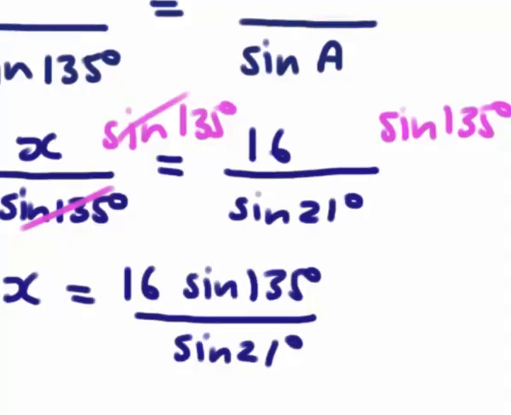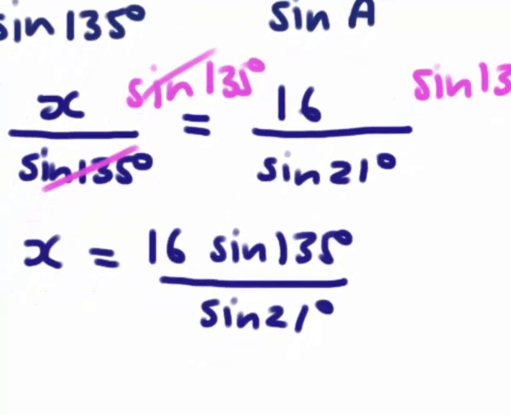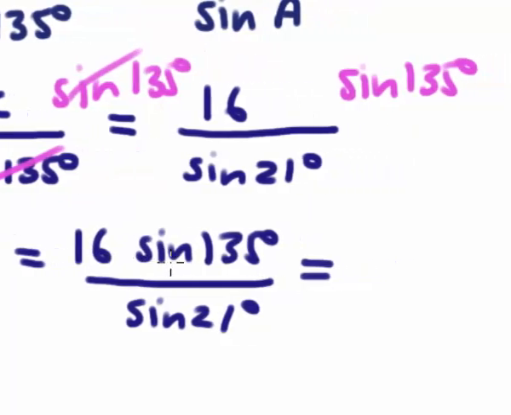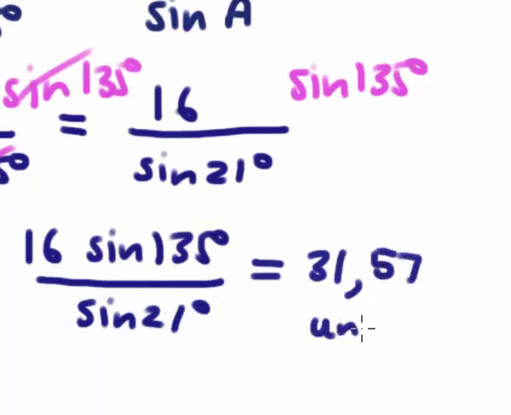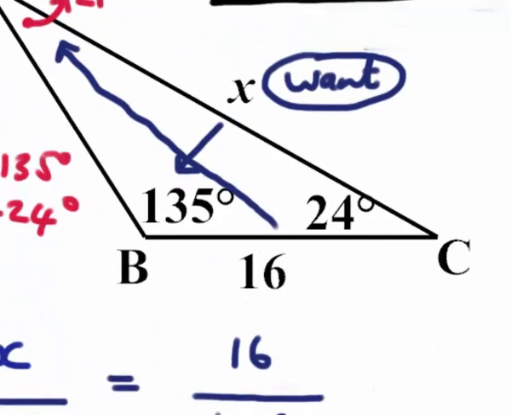So there we go. Now if you work that out in the calculator, make sure you're on degrees, you simply plug this in, 16 sine 135 divided by sine 21, and if you round off to 2 decimals, you will come out at 31.57, and we can just say units there. Great. That is where you have 2 angles and a given side.